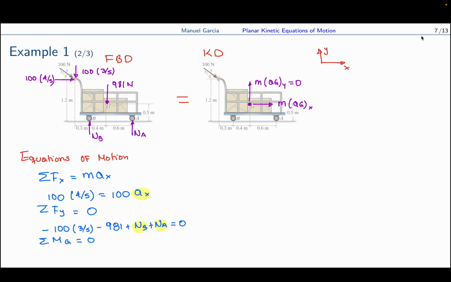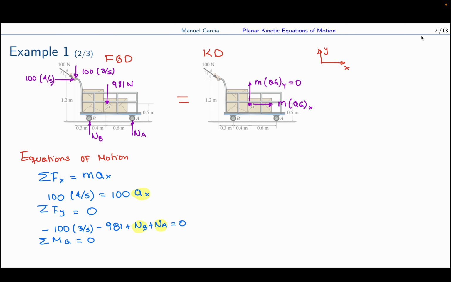The moment produced by NB is negative with respect to G, right? Positive is like that, negative is like that, due to the right hand rule.